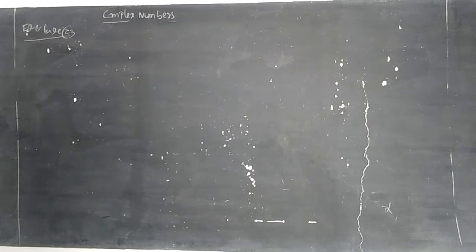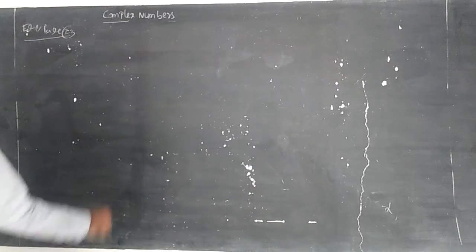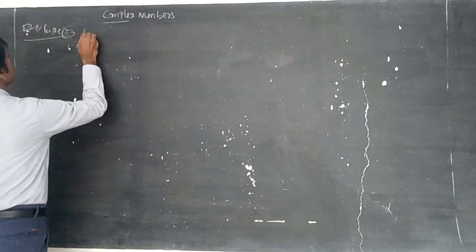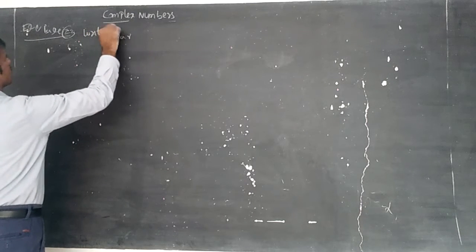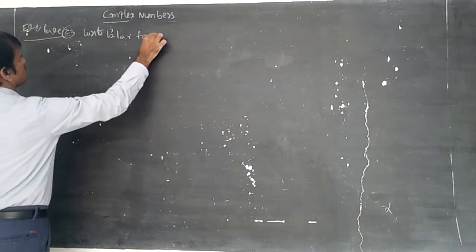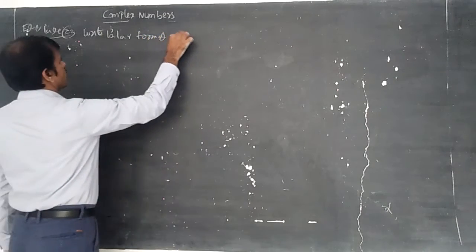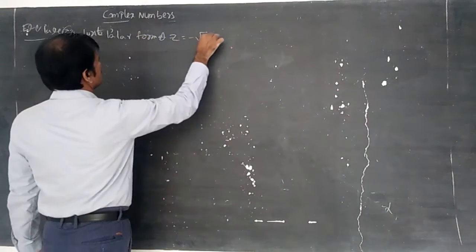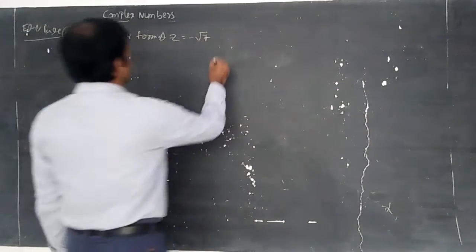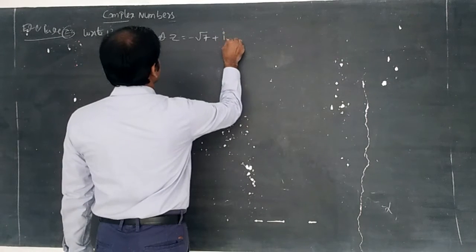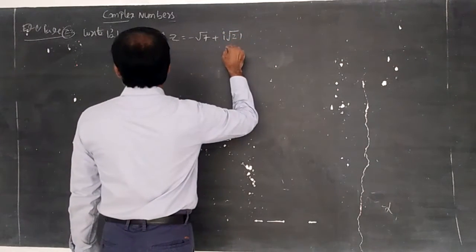Z is equal to minus root 7 plus i root 21. Write the polar form of Z is equal to minus root 7 plus i root 21.